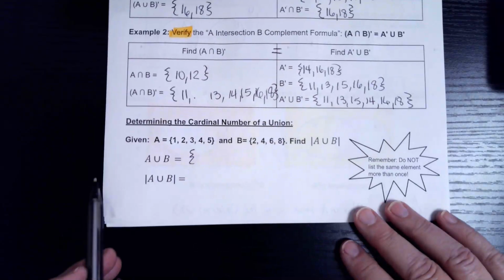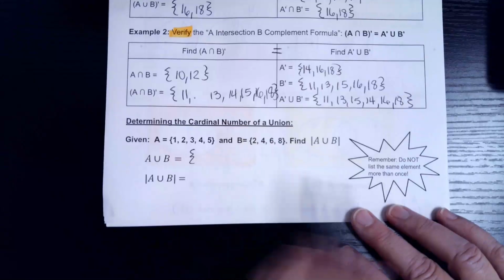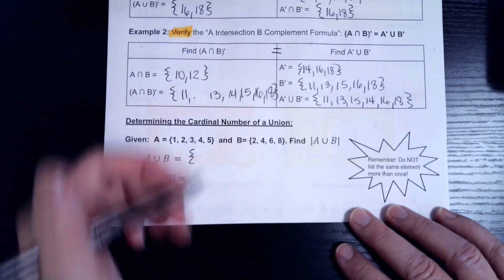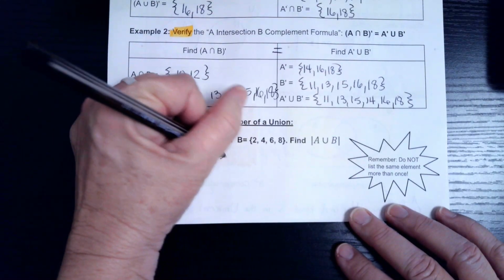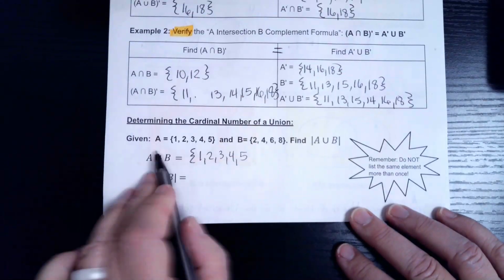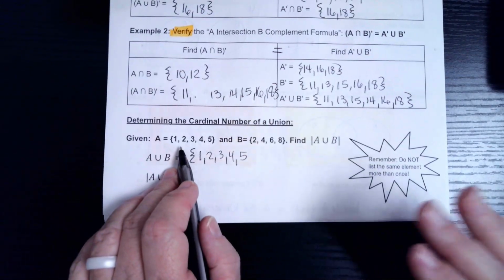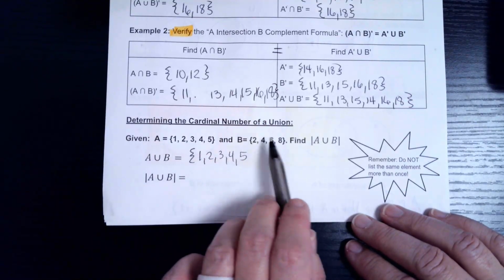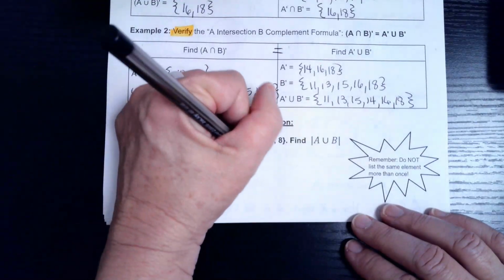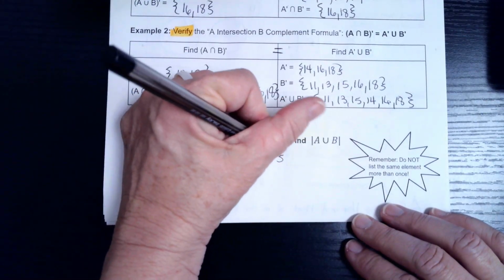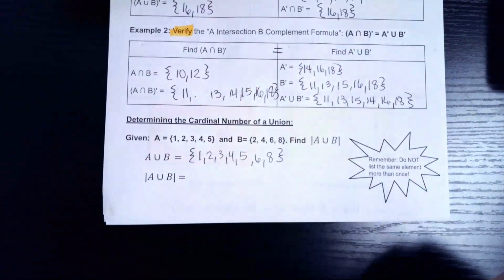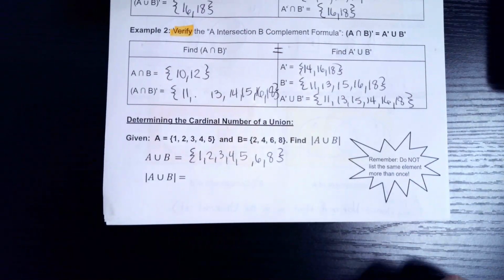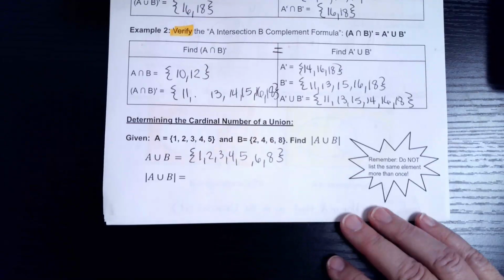So, Sully, help me create A union B. 1, 2, 3, 4, 5. I might as well copy a whole list with the union because I know it all belongs there. And then I come over here and say, what else? I've already got the 2, already got the 4, but I don't have the 6 or the 8. Aiden, help me with this.